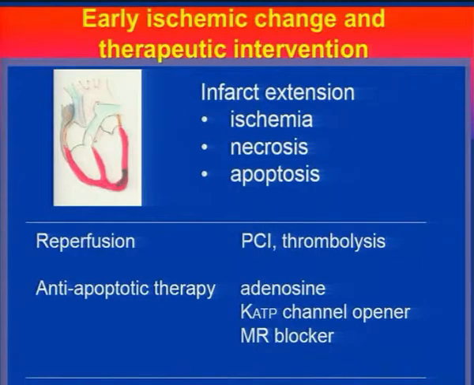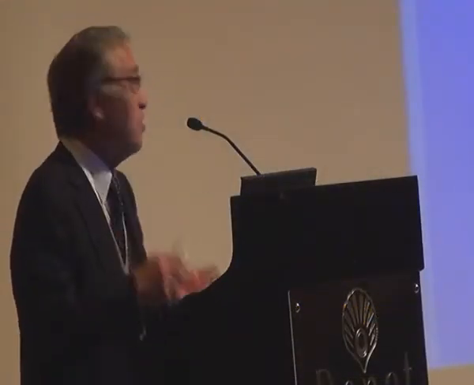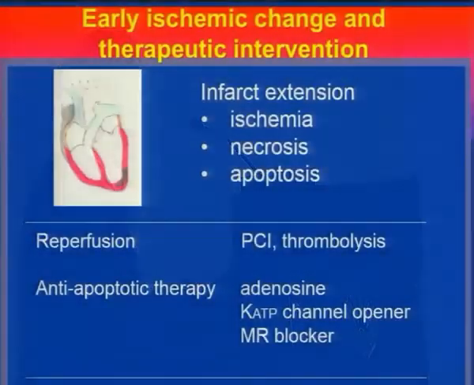So the blood supply is very important to reduce the LV remodeling. And also anti-apoptotic therapy, that means adenosine or KATP channel opener or mineralocorticoid receptor blocker, are also very key factors to reduce the apoptosis.